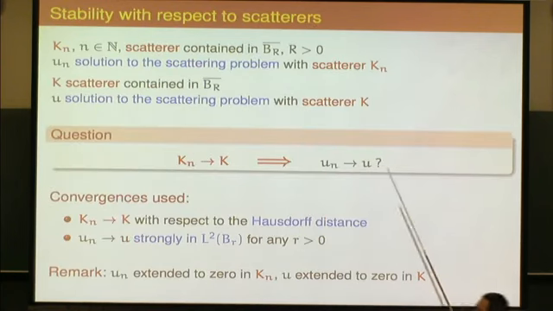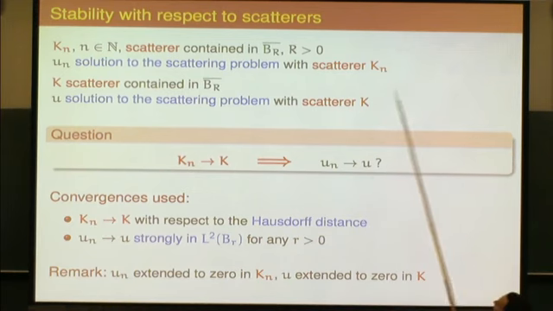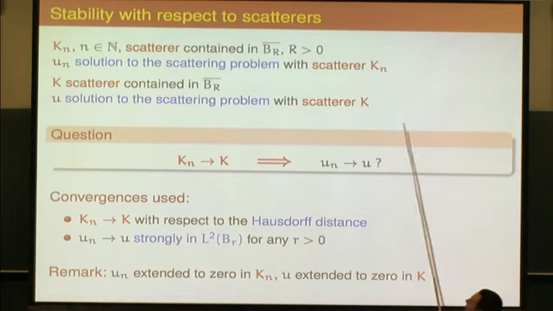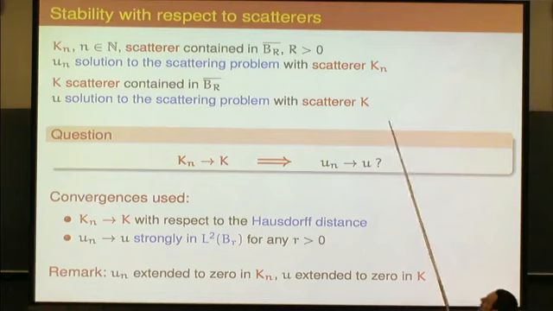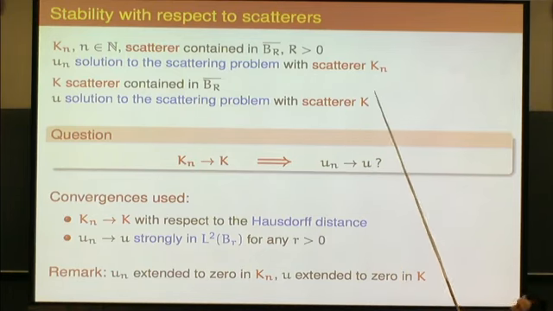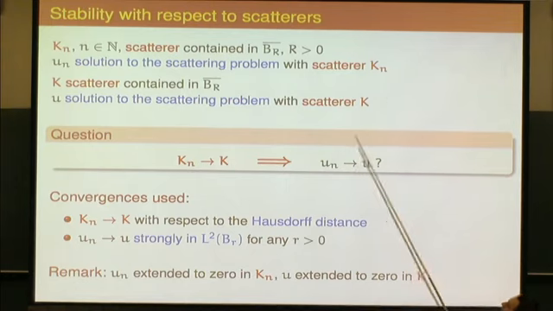What is maybe not that known is the stability of this problem with respect to scatterers, which is clearly a preliminary part with respect to inverse scattering. So I'm not talking about inverse scattering, but I'm talking about stability of a solution with respect to variation of the scatterer. So I'm formulating the problem in the following sense.